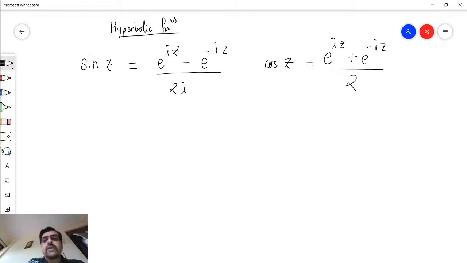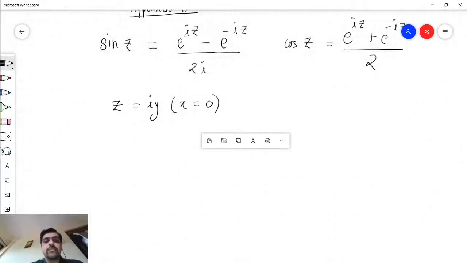Now here we will replace z by a purely imaginary number iy, so that the real part of this number is 0.